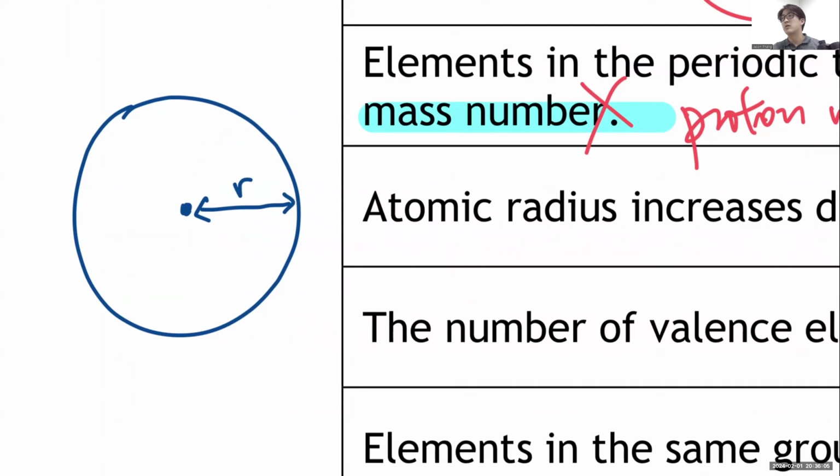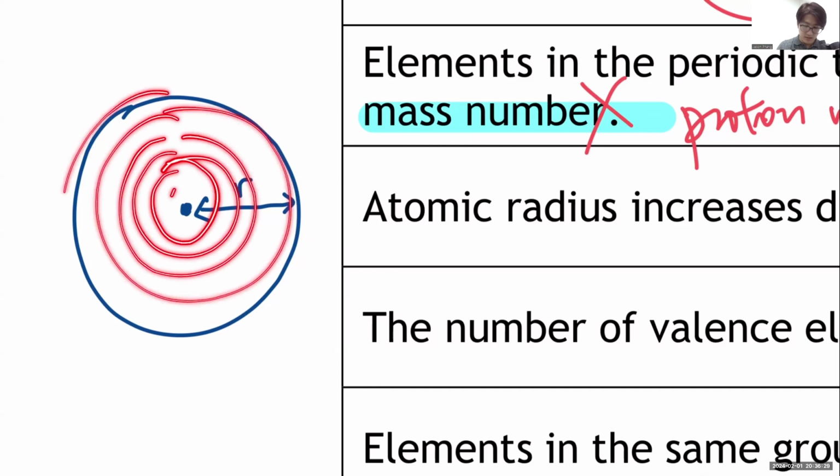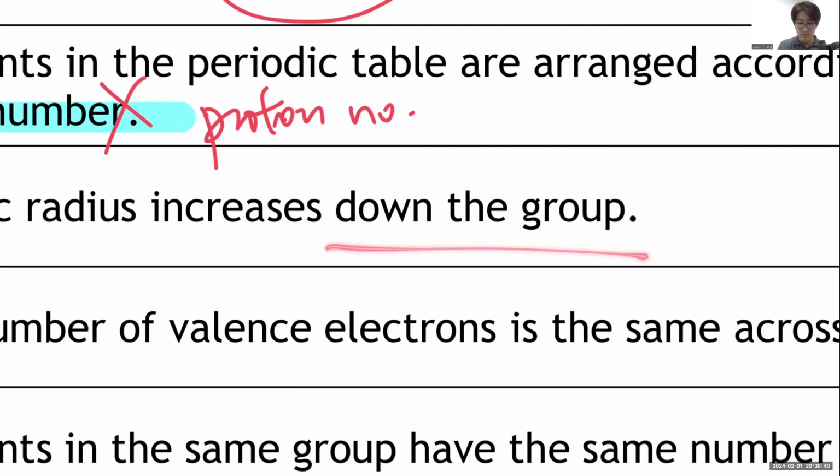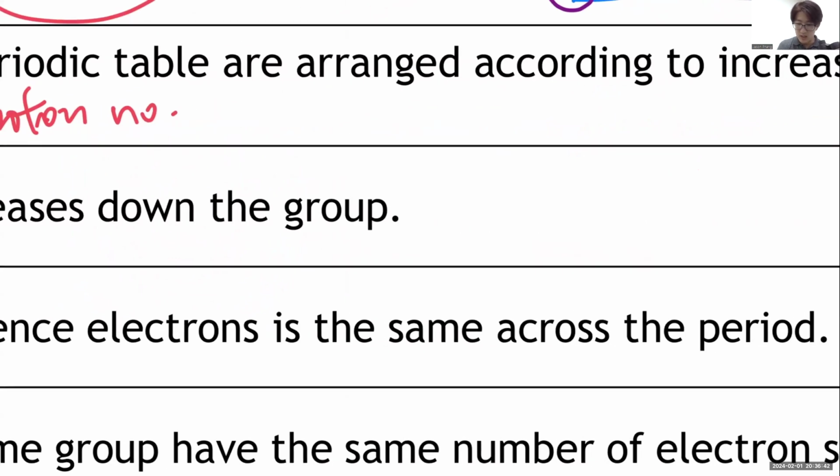You cut onion before. Onion has many what? Layers. If I tell you onion A has 5 layers, onion B has 20 layers, which onion is bigger? Yeah. So therefore, the layers in an onion refer to the electron shells of an atom. So down the group, do they have more or fewer electron shells?